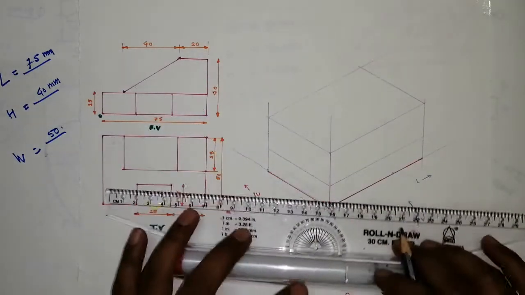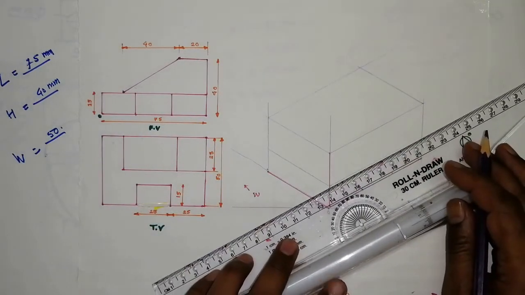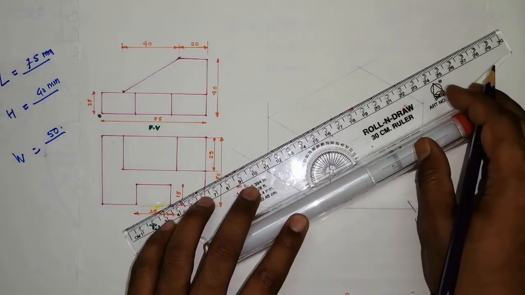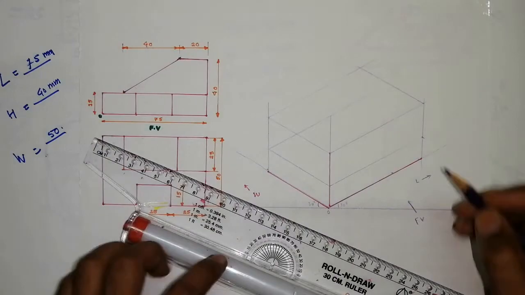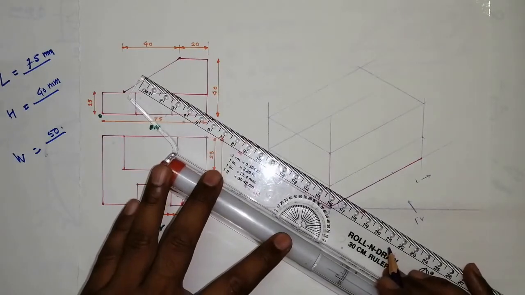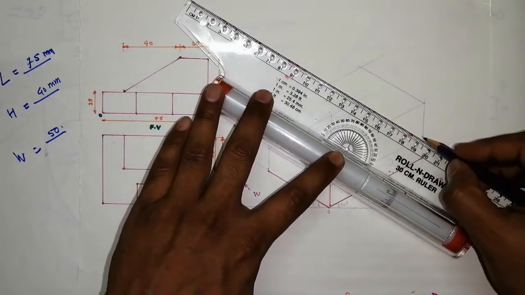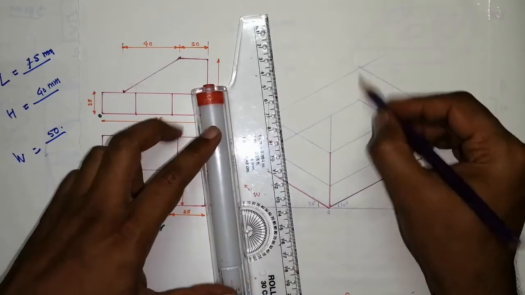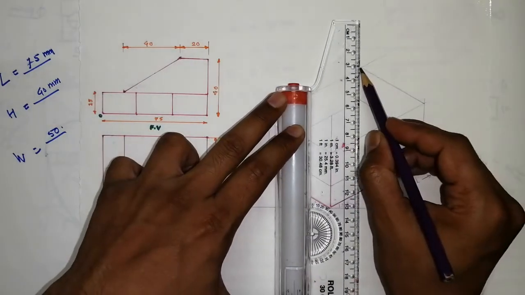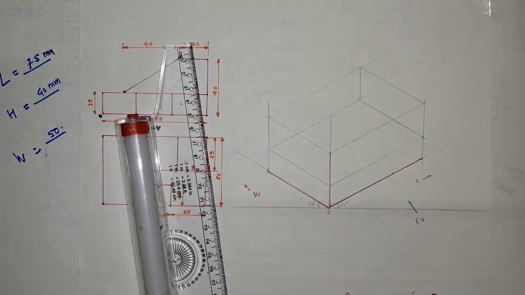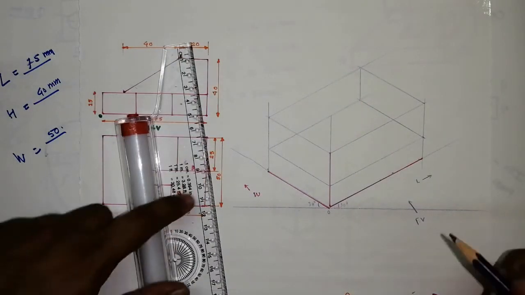So we have taken the three dimensions: height 15, length 75, and width 50. Now complete the box. From this intersection it is parallel to length, from this intersection it is parallel to width, and from here it is vertical height.